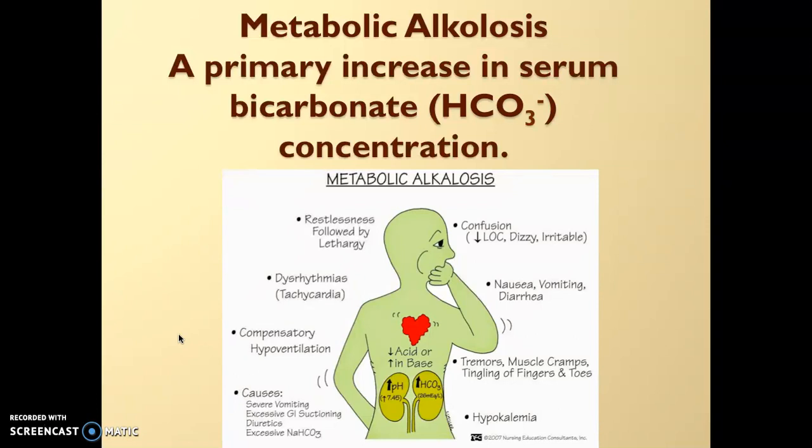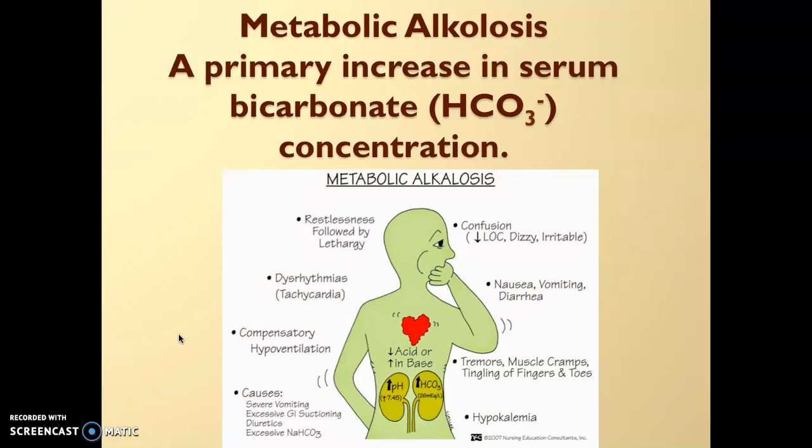This can usually happen because your body is inadequately excreting acids due to renal disease. You lose a lot of hydrochloric acid from prolonged vomiting or gastric suctioning. It can also be caused by low potassium levels due to increased renal excretion, like when we give patients diuretics to help them lose a lot of water, and steroid overdose can also cause this.